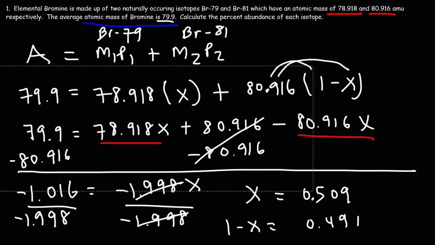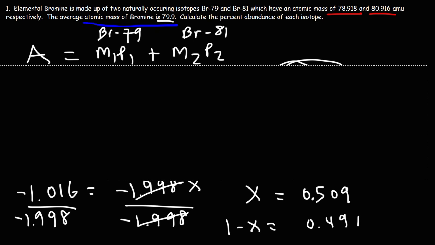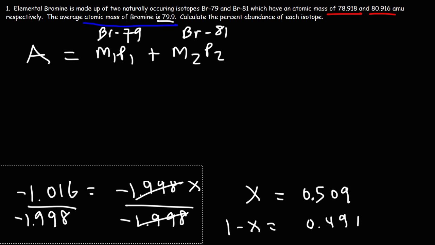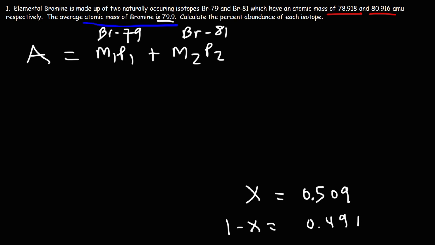Now let's clear away a few things. There's a lot of stuff on the screen right now. Now, x was associated with bromine 79. So as a percentage, this is 50.9%. And 1 minus x, which is 0.491, that's 49.1%.